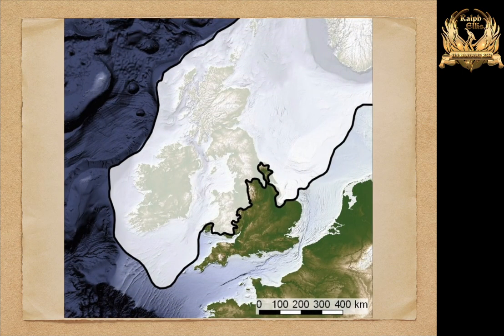Well, here is the glacial maximum, and this is the maximum extent of the ice sheets across Britain. And we know exactly where these ice sheets ended, because they left their marks out on the topography of Britain.